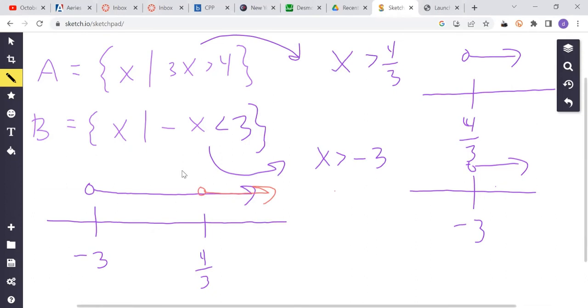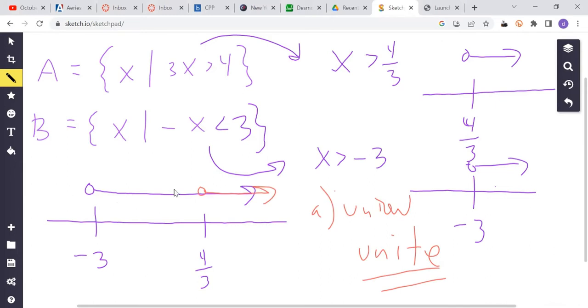So if you take both graphs and put them on the same grid, you can then see what's what. So watch. For part A, when it says union, union kind of looks like the word unite, to bring together, to combine together. So when it says union, what you do is take the color purple and take the color red and combine them together.